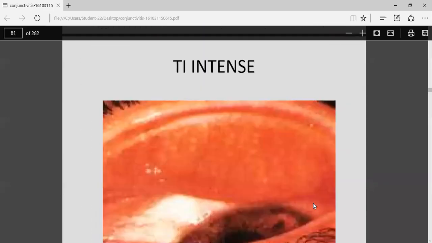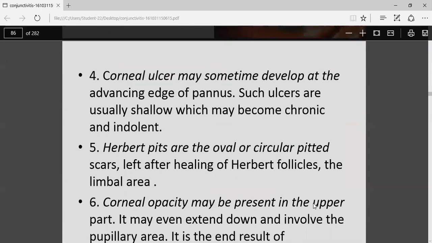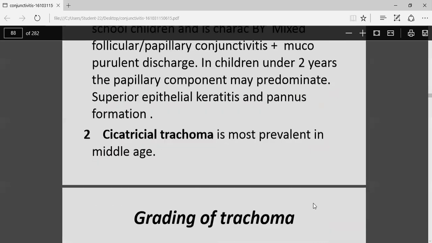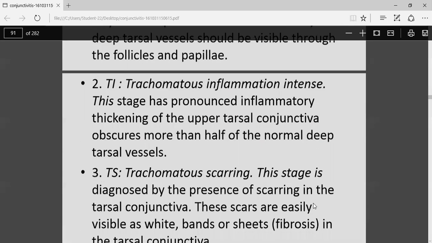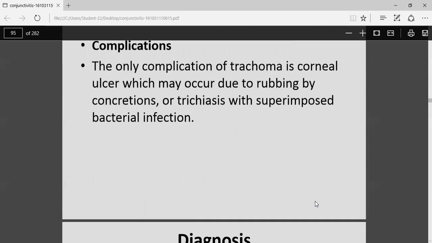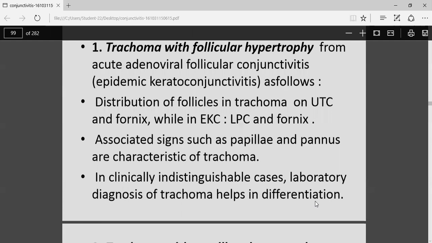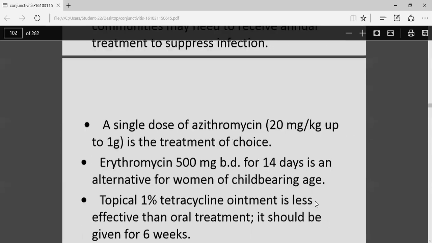The WHO classification of the trachoma. We have gone through all this. Signs of trachoma. What are the consequences of trachoma, the trichiasis? All we have gone through in the last class. This was a big topic.